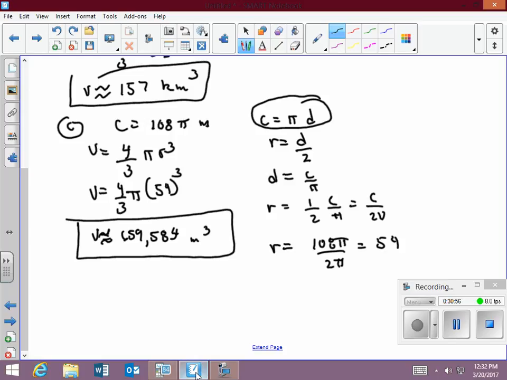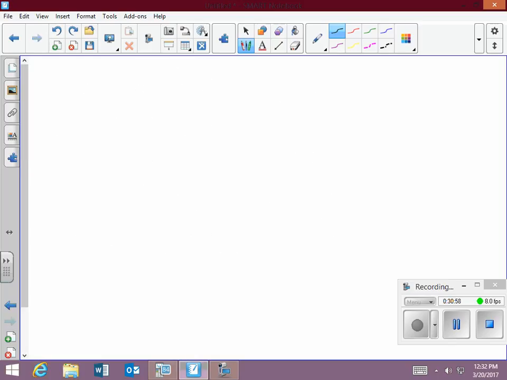Okay, 18. It says use dimensional analysis to perform each of the following conversions. For approximate answers round to the nearest hundredth. So A, 115 yards cubed, and then they want this in feet cubed.